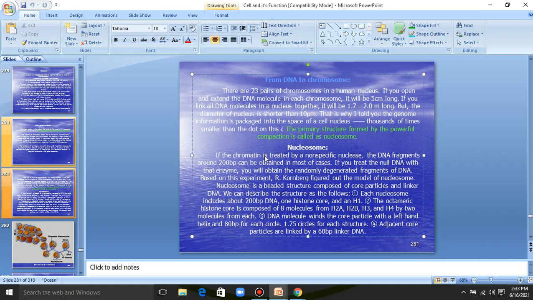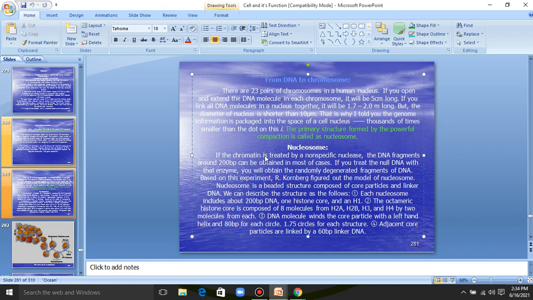So what we can understand is, the chromosomes are the hereditary material. They contain all the genomic information. That means this genomic information is packed so tightly in the small space of the nucleus inside the cell.